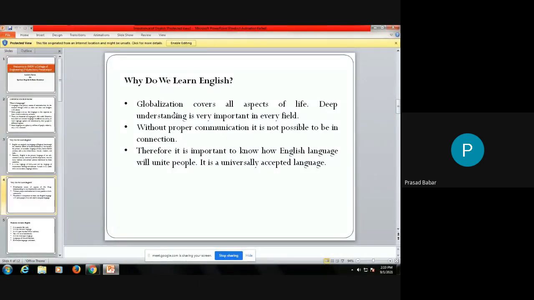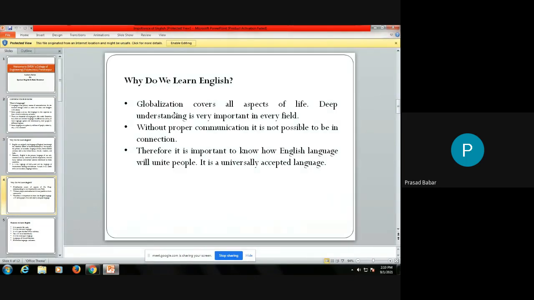If there were no English language, then how would the world come close to each other? So globalization is a very important term, and it has covered all aspects of life.